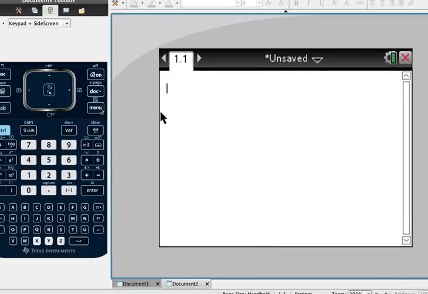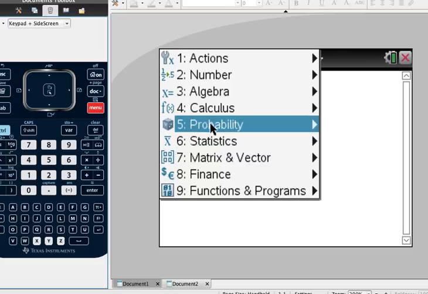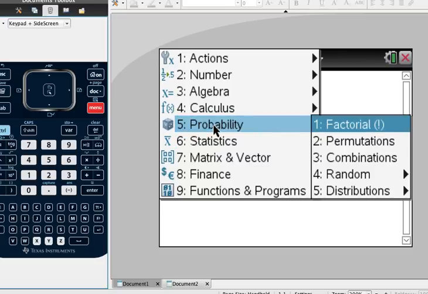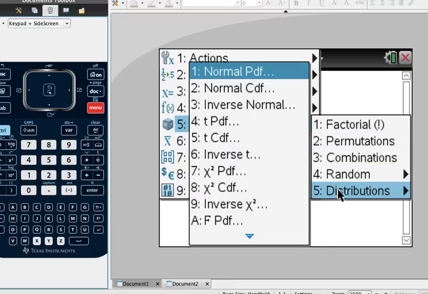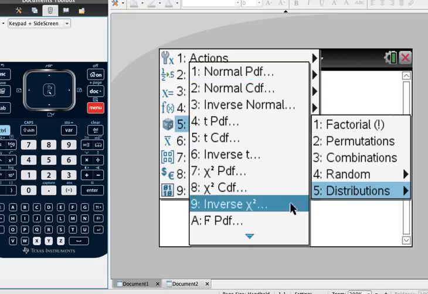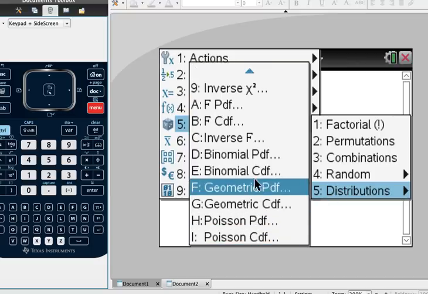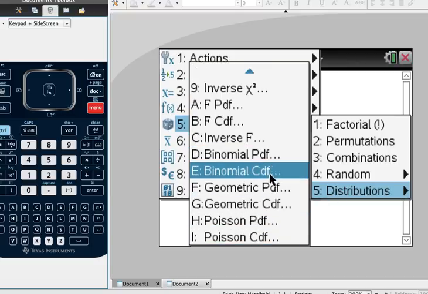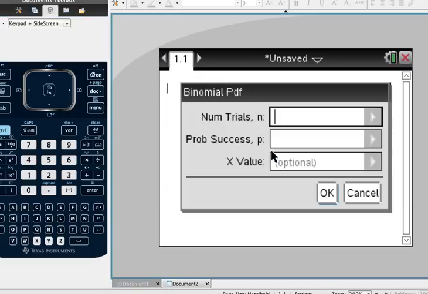Okay, so we're going to go menu 5, which is probability, then down to 5, which is distributions, and then we're going to arrow down until we see binomial PDF or binomial CDF. So we want PDF.